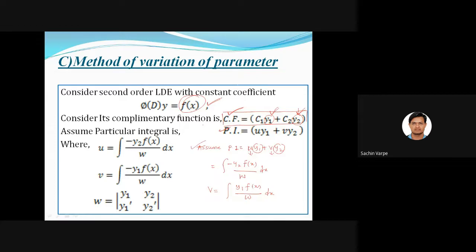So we calculate the values of u and v involved with the help of these formulas, where W is the determinant of y1, y2, and their derivatives y1 dash, y2 dash, a 2 by 2 determinant. This is called the Wronskian. It is the name of a scientist.